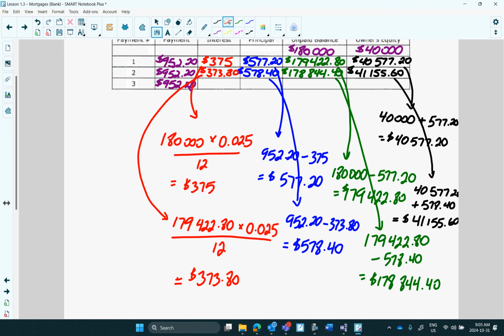I'm not going to show the calculation here, but to figure out his interest for the third payment, the third month, we do the value of his loan, 178,844.40, times 0.025, divided by 12. So the third payment he pays $372.59.